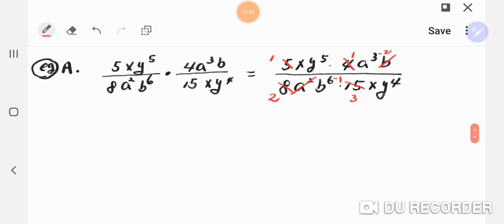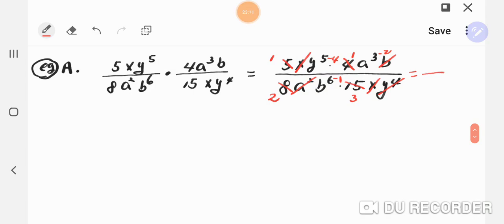How about x? We have 1 x in the numerator and 1 x in the denominator. How about y? 4 y's in the denominator, you can get rid of 4 y's from the numerator. So 5 minus 4. So the answer will be very simple.